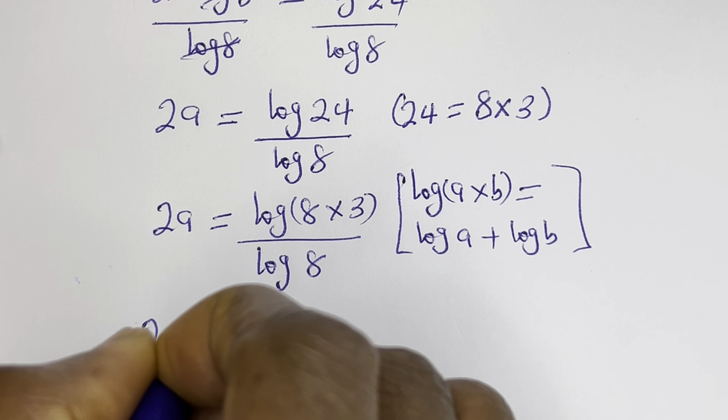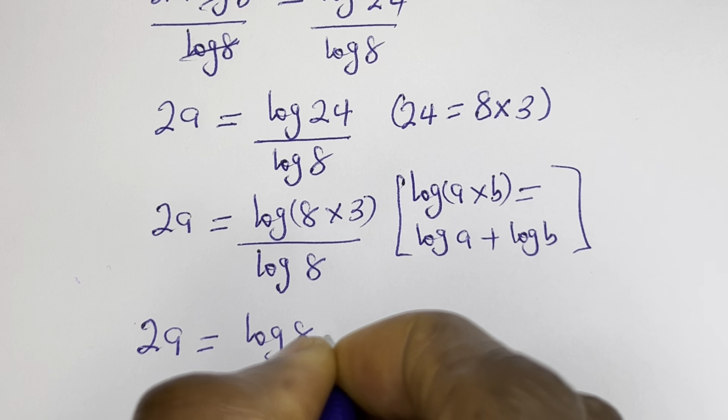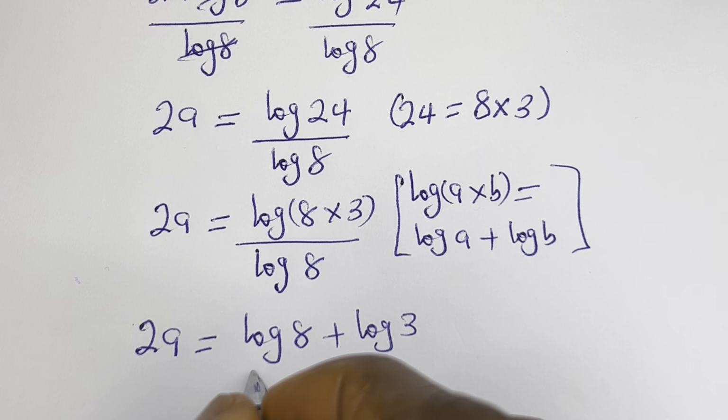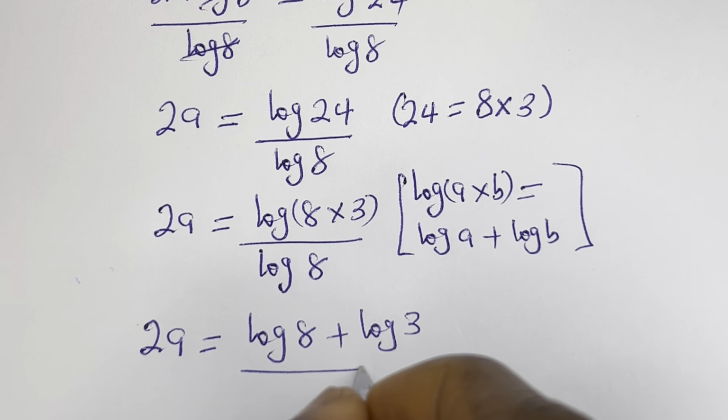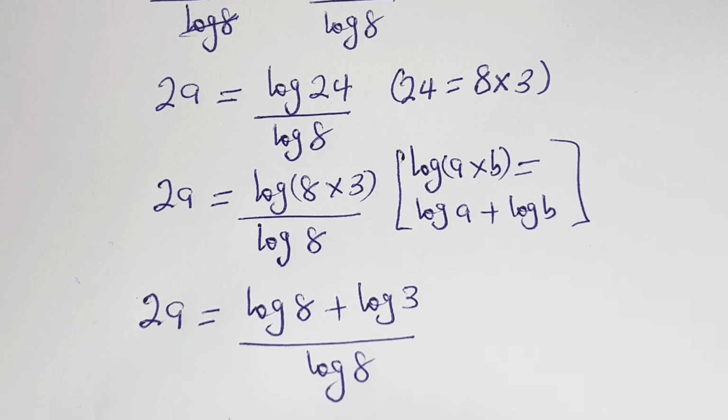Then 2a is equal to log 8 plus log 3 divided by log 8.